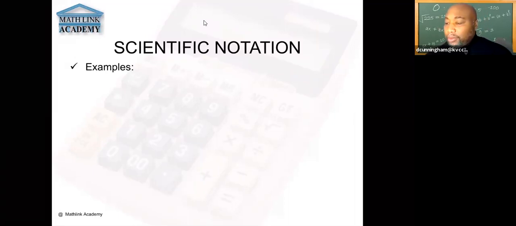Let's do another number. Let's convert 2,578 into scientific notation. First thing, we've got to get our main number between 1 and 10. So here's the decimal. We'll move that over 3 times.